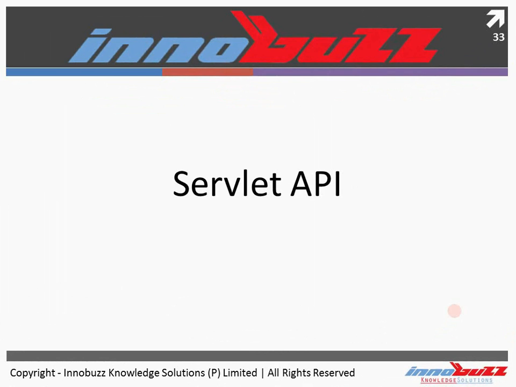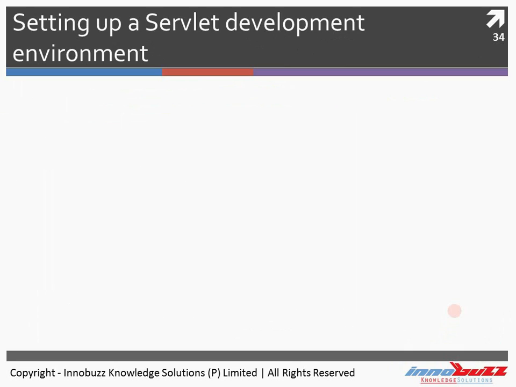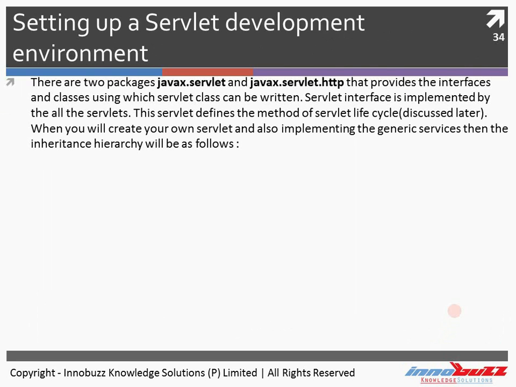So next is the servlet API. In the servlet API, there are two main important packages, javax.servlet and javax.servlet.http. These provide the interfaces and classes using which a servlet class can be written. So any classes will implement these interfaces.